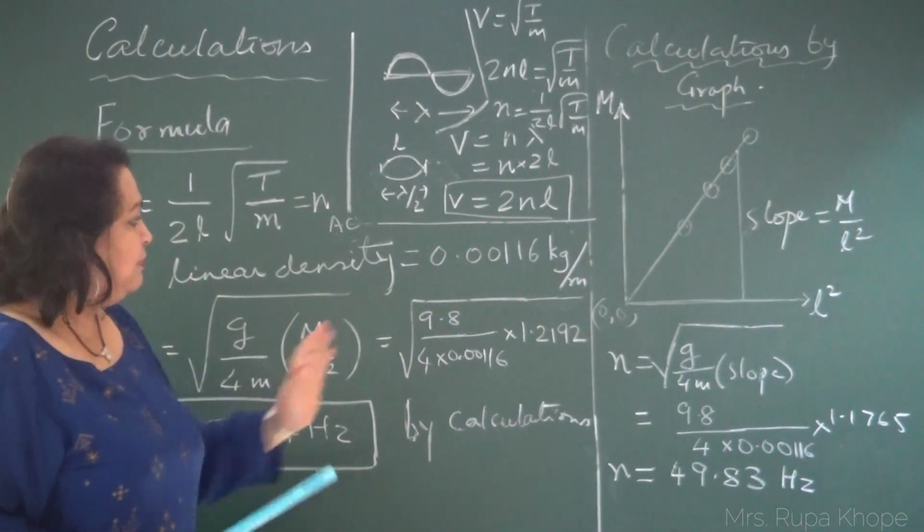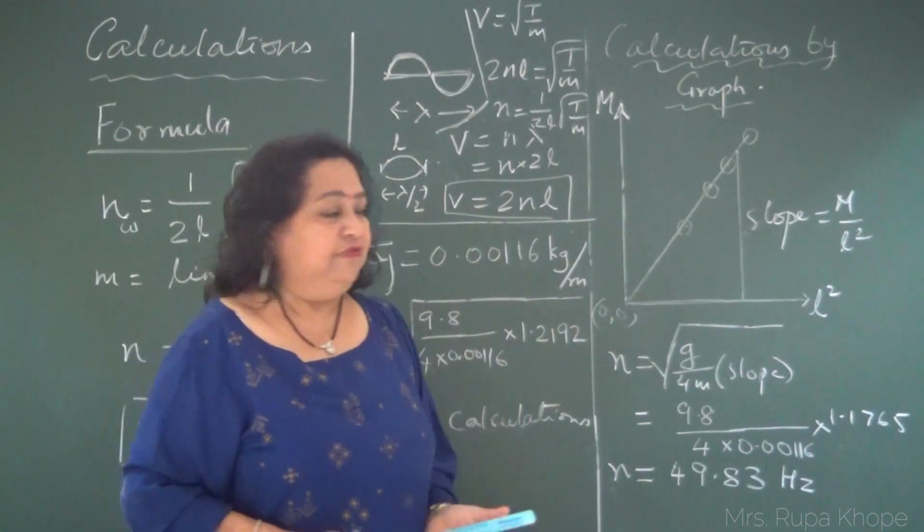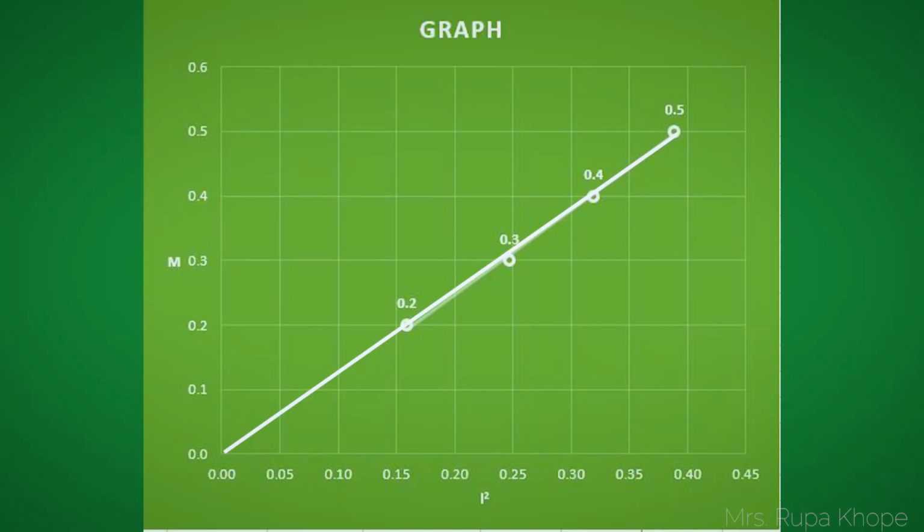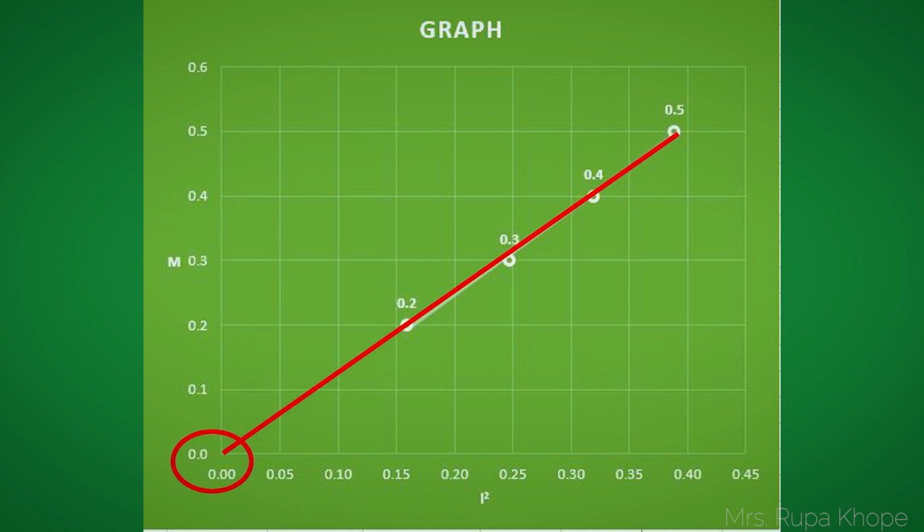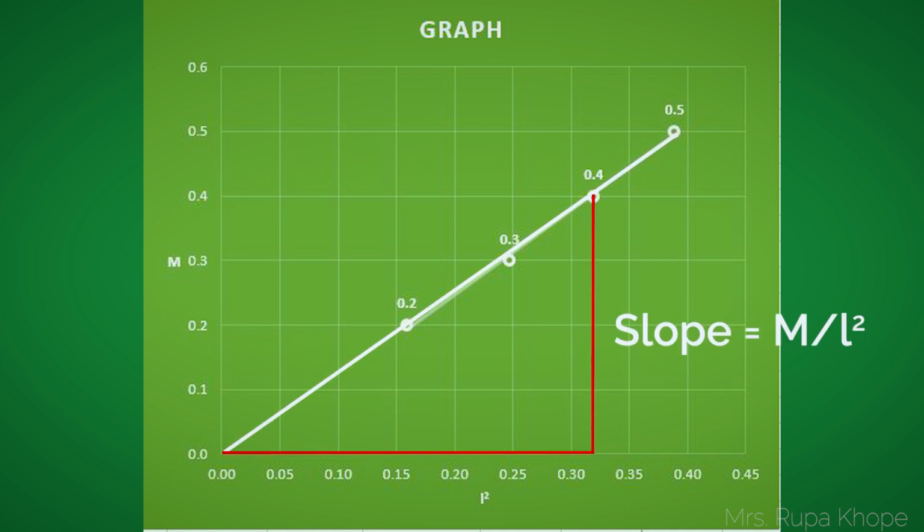Now we go to the next part, calculations by graph. You can see here, this is the graph we have to draw, M versus L square. Since M is directly proportional to L square, we get a straight line passing through the origin. Find the slope: M upon L square is the slope, with the origin at 0, 0.